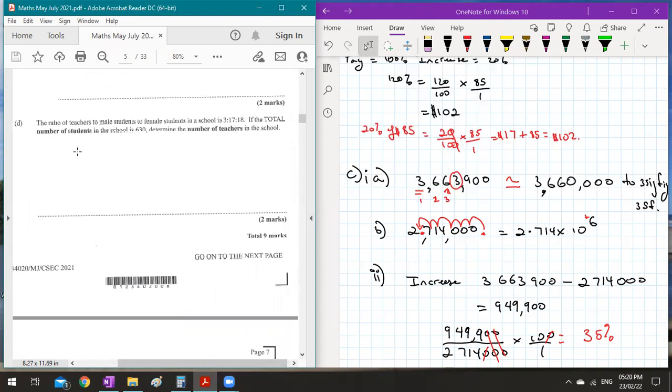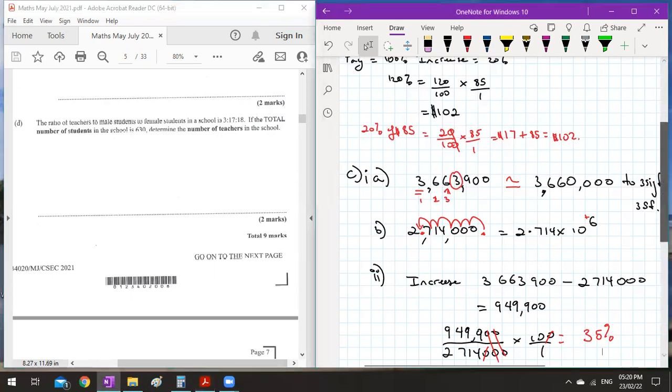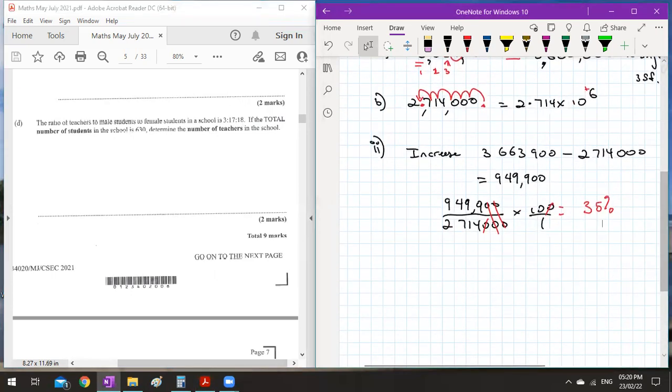The ratio of teachers to male students to female students in the school is 3 to 17 to 18. And the total number of students in the school is 630. Determine the number of teachers in the school. Now, this is part D. So the ratio is 3 to 17 to 18.